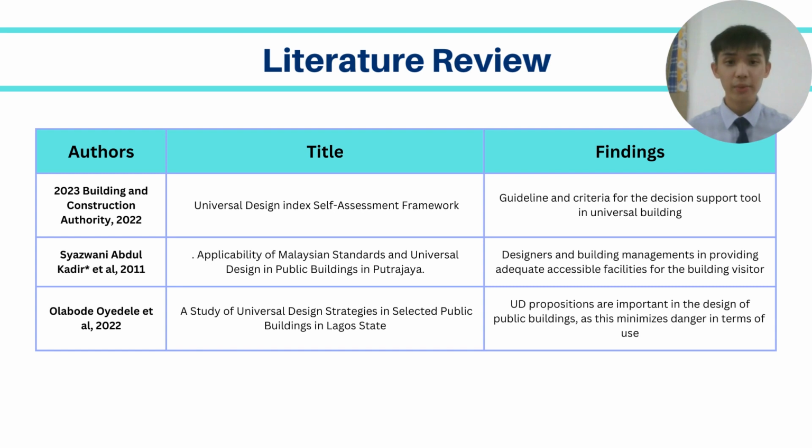The first finding from the literature review is the guideline and criteria for the decision support tool in universal building. Next is the designer and building management in providing adequate accessible facilities for the building visitor. The third finding is universal design propositions are important in the design of public buildings as these minimize danger in terms of use.